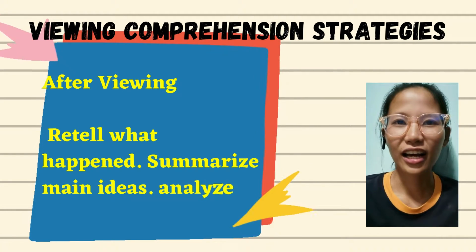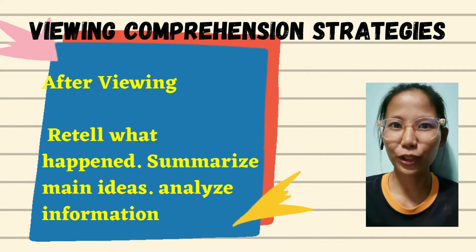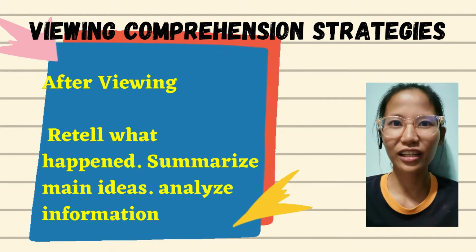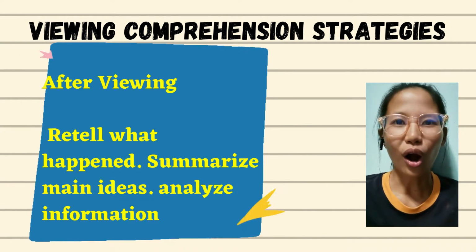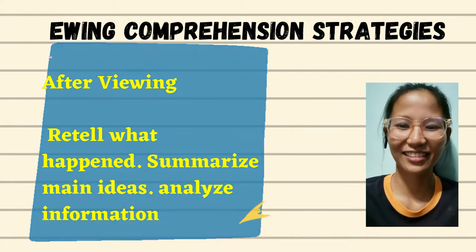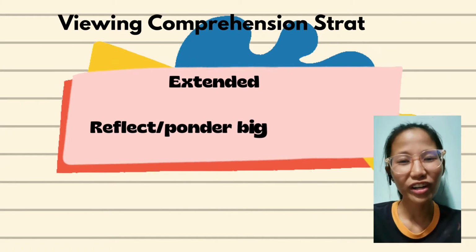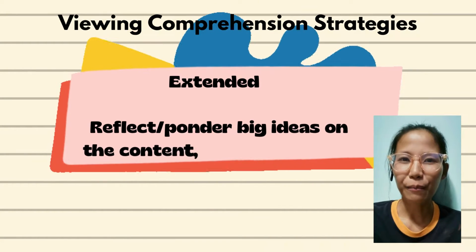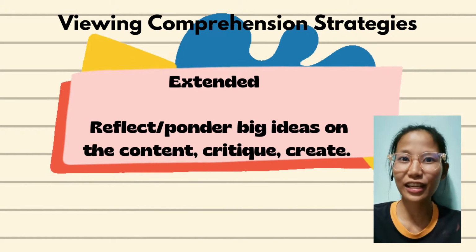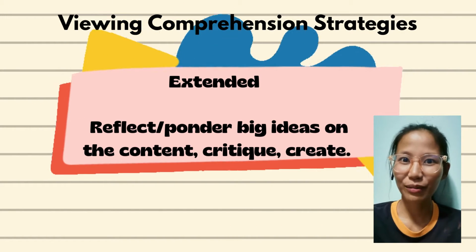Of course, after viewing, retelling the material that you viewed is a better way to understand and remember all the important details from the text. And lastly, number 4, extended. By giving critics opinion or reflecting too is a better way to comprehend the material viewed.